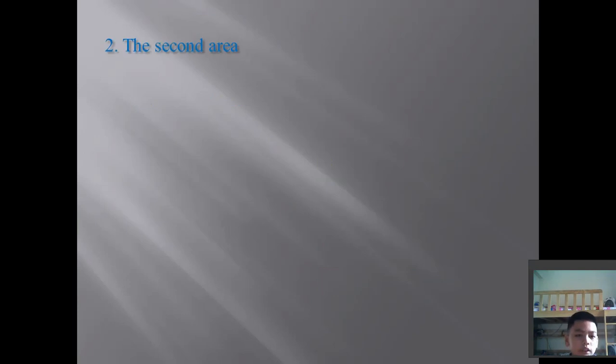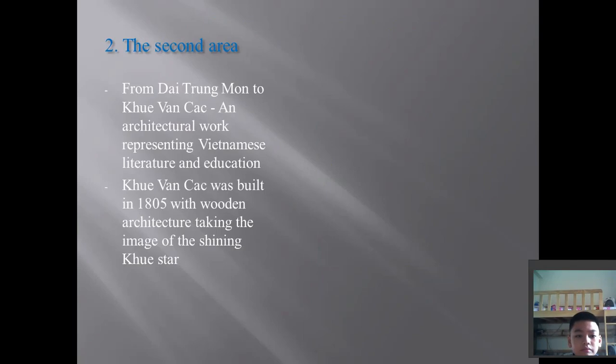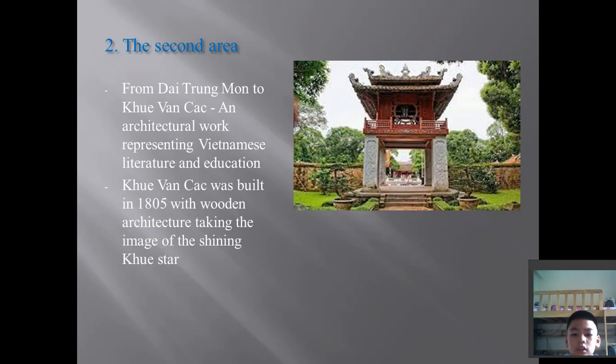Now we go to the second area. From Đại Trung Môn to Khuê Văn Các, or Khuê Văn Pavilion, an architectural work representing Vietnamese literature and education. Khuê Văn Các was built in 1805 with wooden architecture, taking the image of the shining Khuê star.